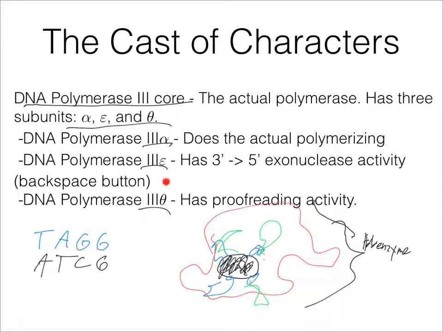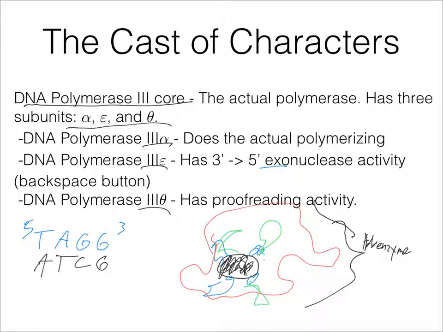And DNA polymerase 3 epsilon has what's called 3' to 5', right? So remember, that's your 5', that's your 3', because you always make DNA 5' to 3'. This has 3' to 5' exonuclease activity.